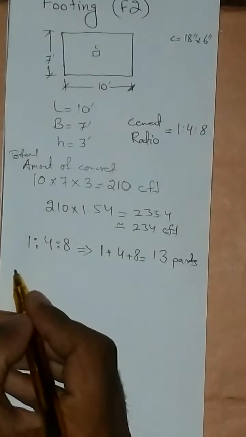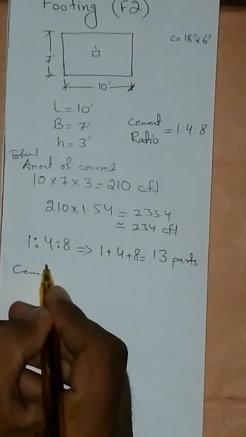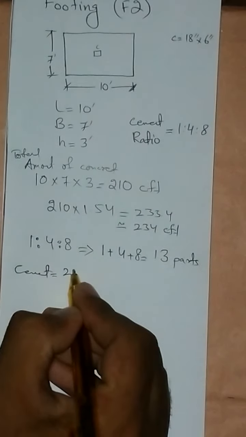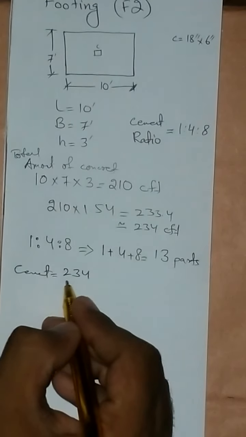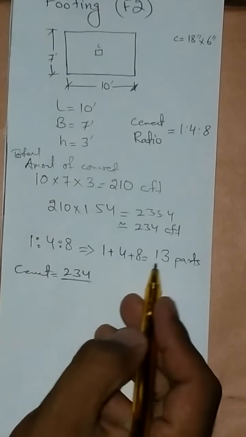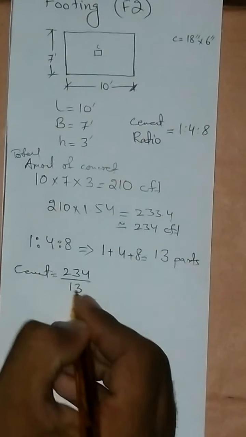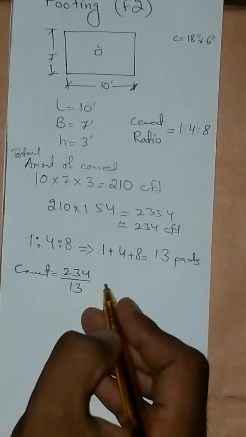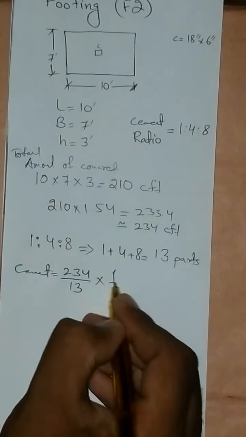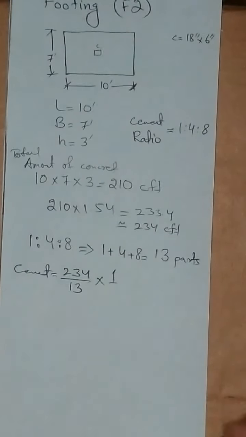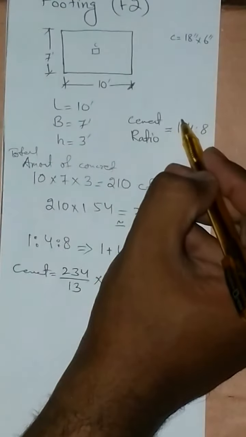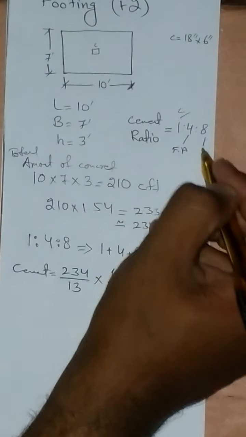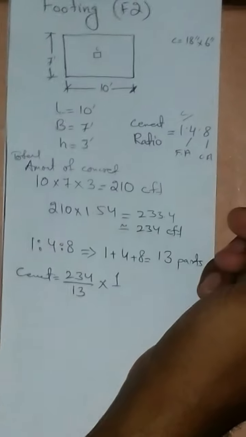Now for the calculation of cement, we take the total amount of concrete, 234 CFT, divided by 13, multiplied by 1, because in 1:4:8 this is cement, this is fine aggregate and this is coarse aggregate.